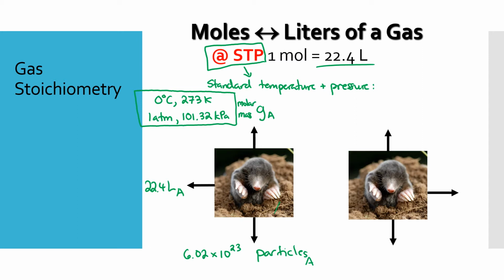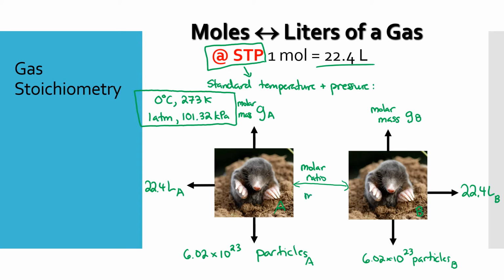What I have for A, I can now copy over to B. Finally, 22.4 liters of B. We can relate A to B through the molar ratio. This is where, in our conversion, we see moles over moles.